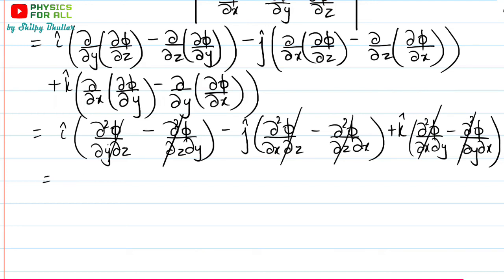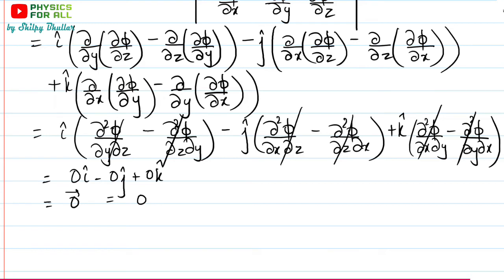This is what? This is 0 i cap minus 0 j cap plus 0 k cap. So you can mention it as 0 vector or simply 0. So that means curl of a gradient is 0, because ultimately we know that curl of any quantity gives us a vector quantity.